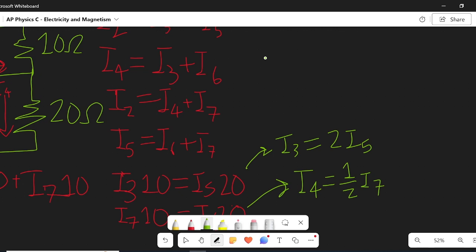Now if we substitute that into the equation up here, we have that 1/2 of I7 is equal to 2 times I5 plus I6.